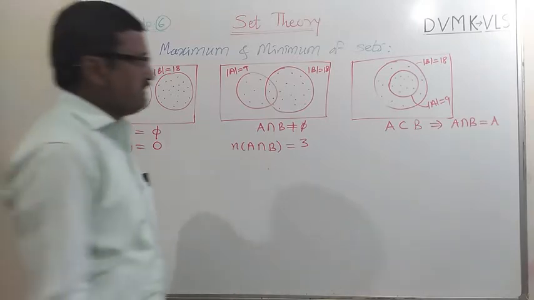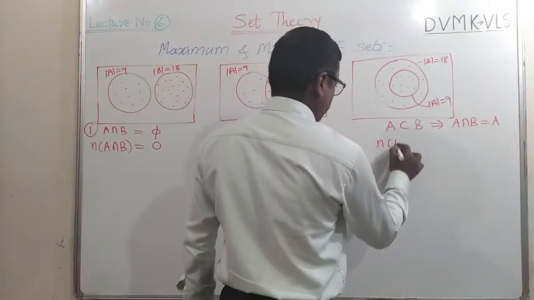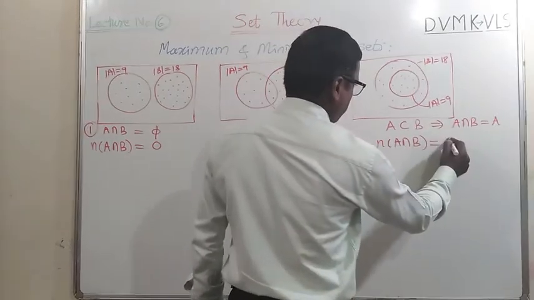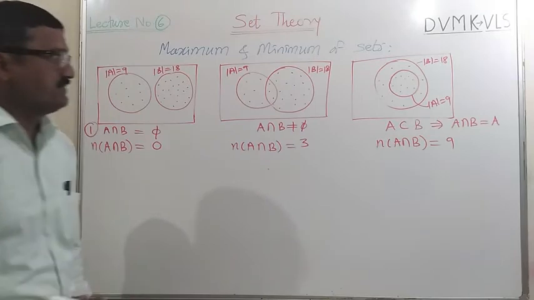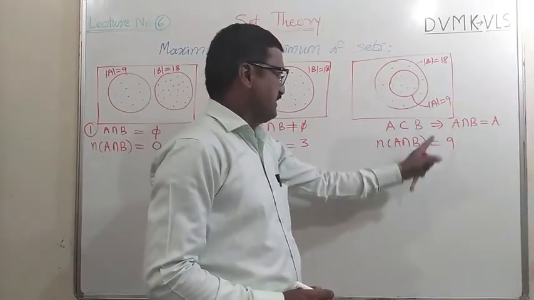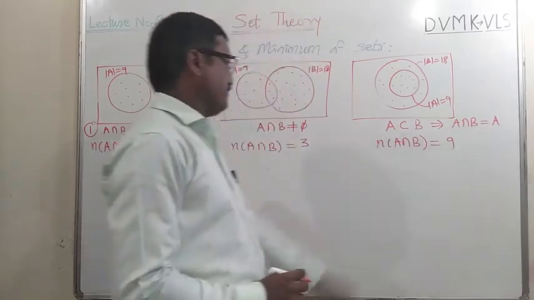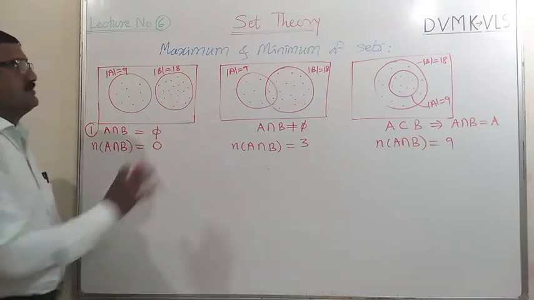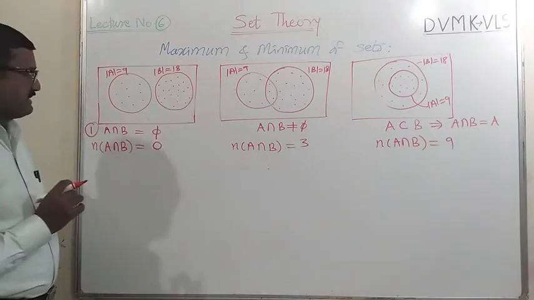Then the number of elements in the intersection, here A intersection B, is obviously 9, because all elements of set A belong to set B, so the intersection is set A, therefore the number of elements will be 9. Okay, these are the 3 situations of any two sets.